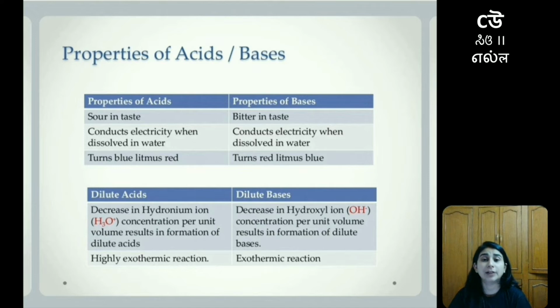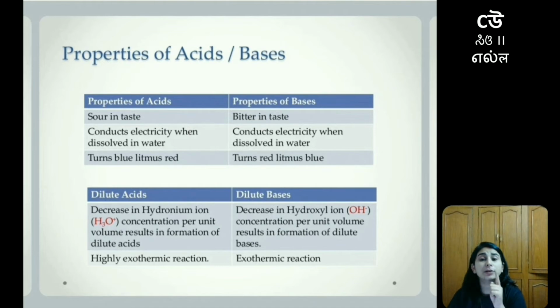So talking about dilute acids, decrease in hydronium ion, that is H3O plus ion, concentration per unit volume results in the formation of dilute acids. But if we talk about bases, there will be decrease in hydroxyl ion.